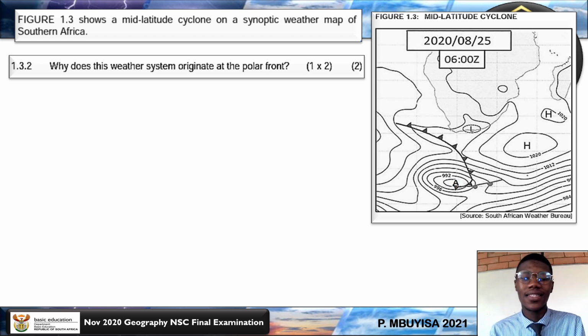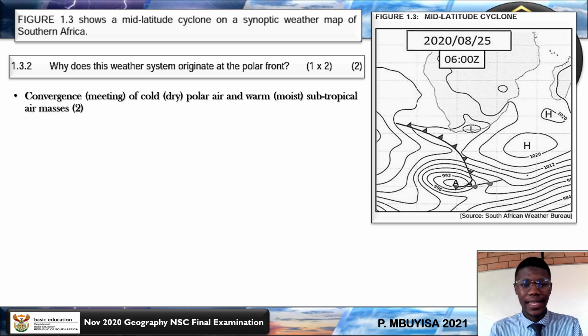Why does a system originate at the polar front? So why does it originate at the polar front? Remember that we have the meeting of the two air masses at the polar front.